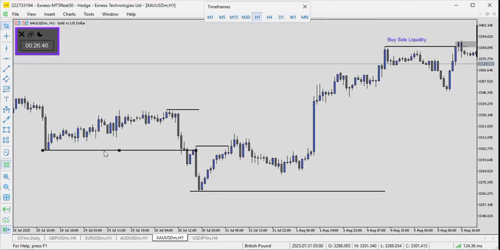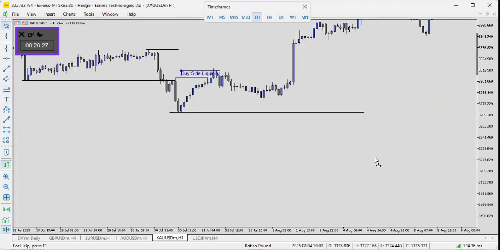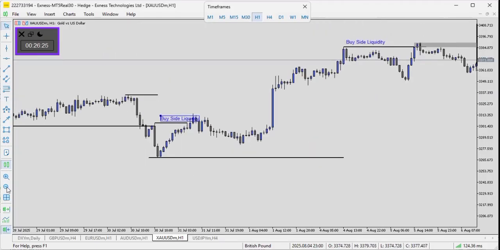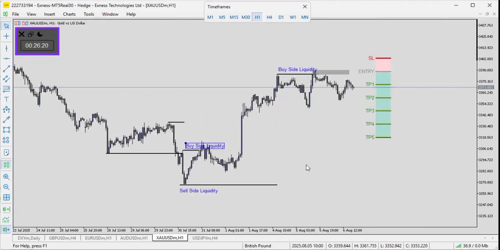But when the trend ends, when the micro buy side is broken, I will explain what I mean by that. The sells that I put here have disappeared.